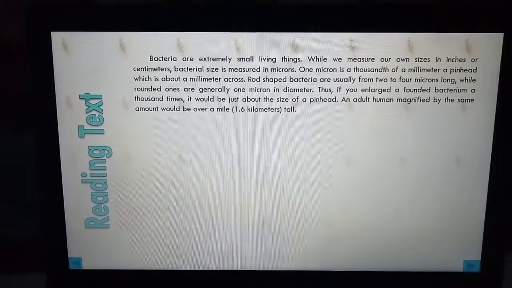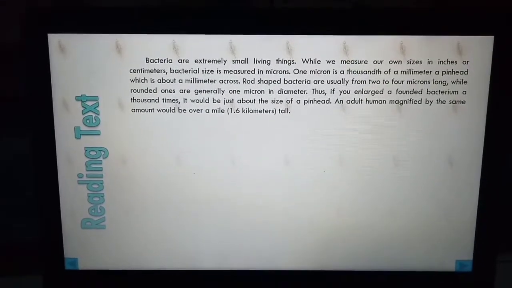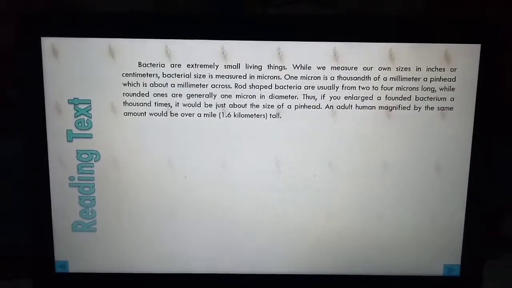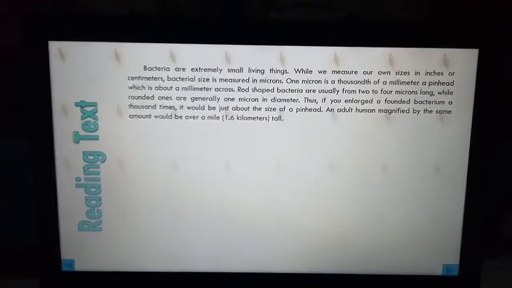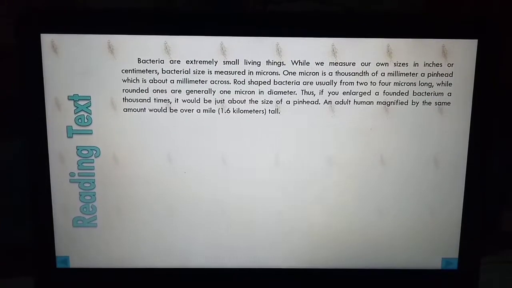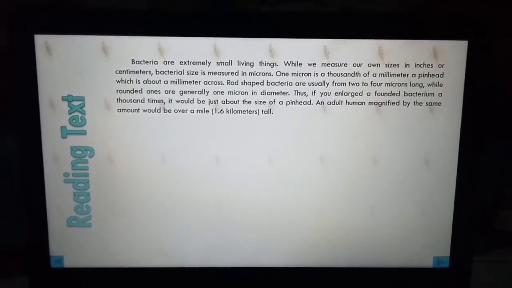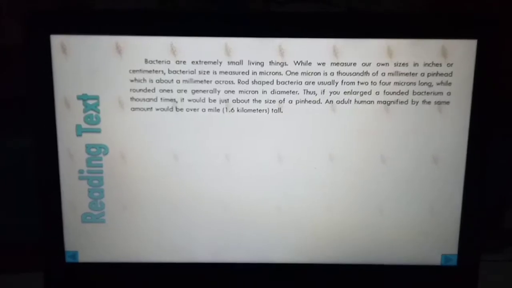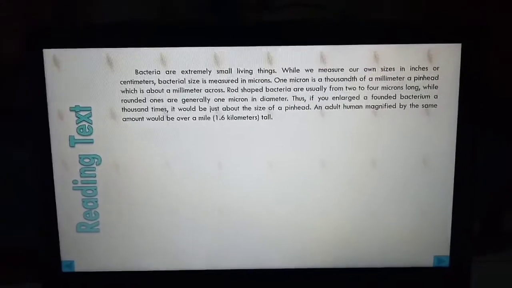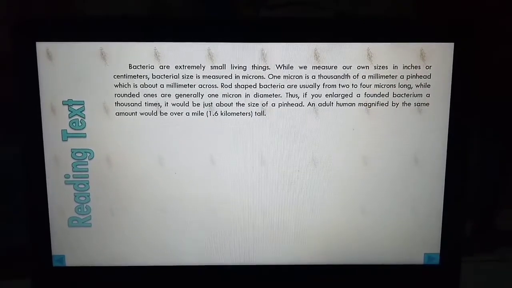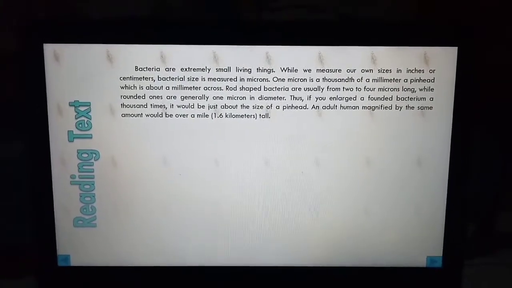The first paragraph. Bacteria are extremely small living things. While we measure our own size in inches or centimeters, bacterial size is measured in microns. 1 micron is 1/1,000 of a millimeter, a pinhead, which is about a millimeter across. Rod-shaped bacteria are usually from 2 to 4 microns long.